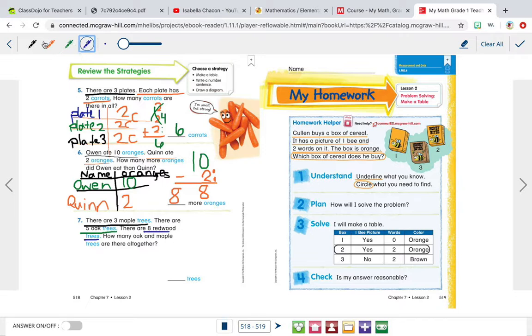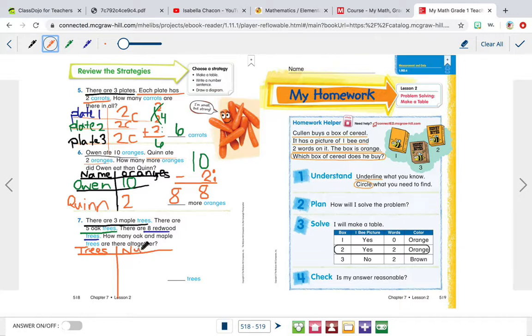So what we're going to do is we're going to make a table again. So we're going to go like this. And at the top of our T, we're going to have trees, so types of trees, because we have 3 types of trees. So T, R, E, E, S. And then we're going to have our number right here because we need trees and we need number.